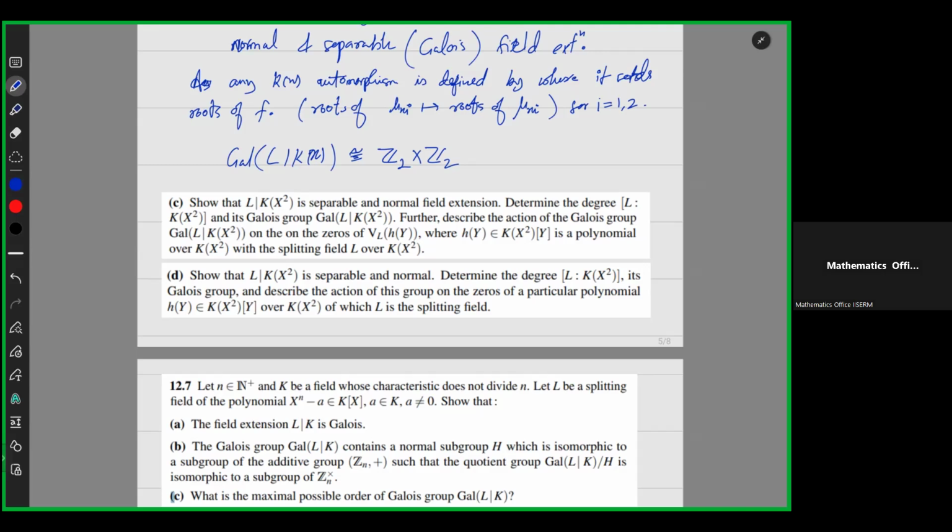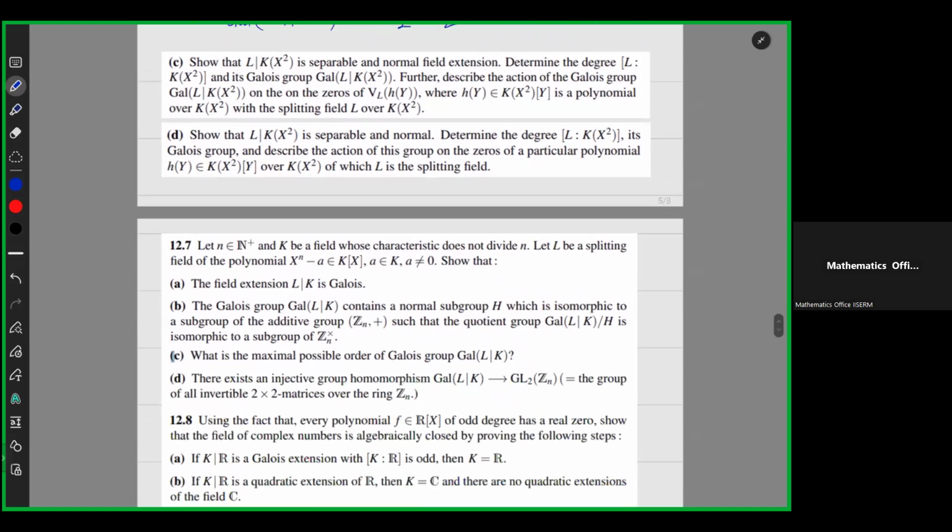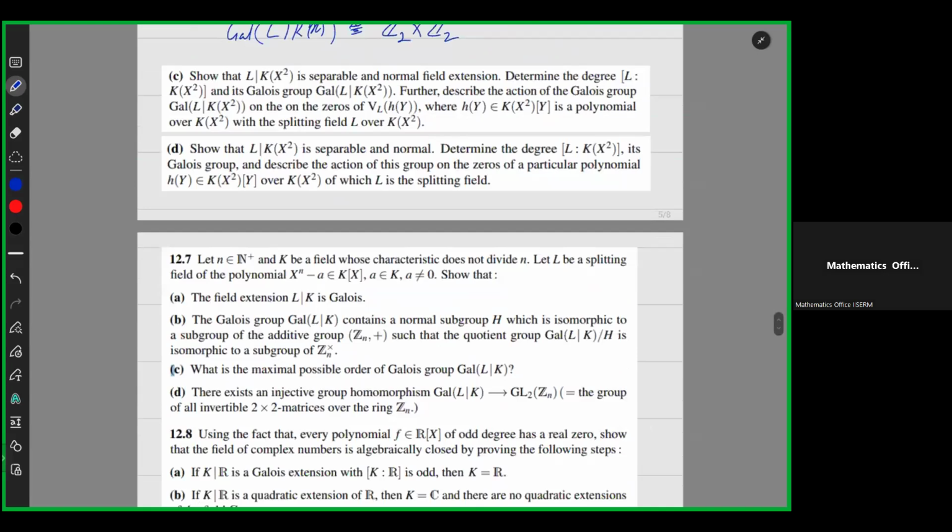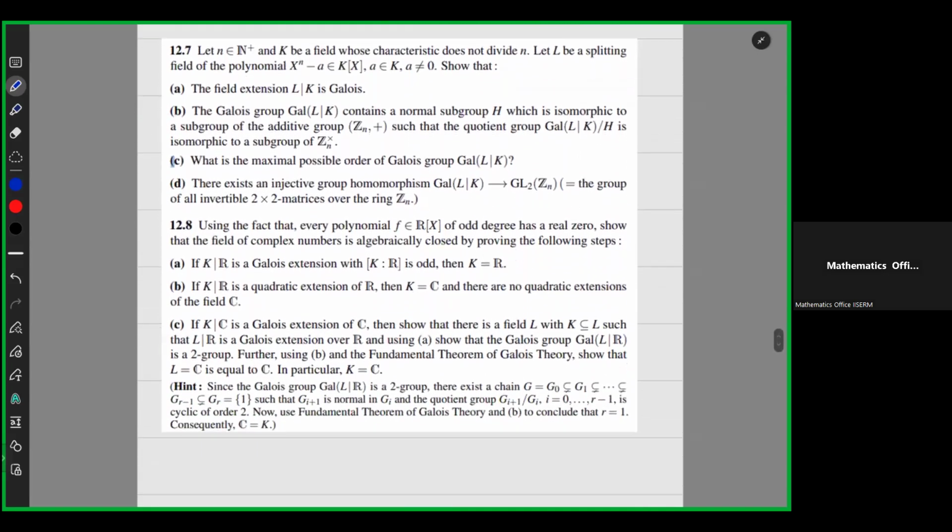Furthermore, the action of the Galois group is on zeros of Hy, where it is a polynomial of kx square with a splitting field L. So we have many more questions.